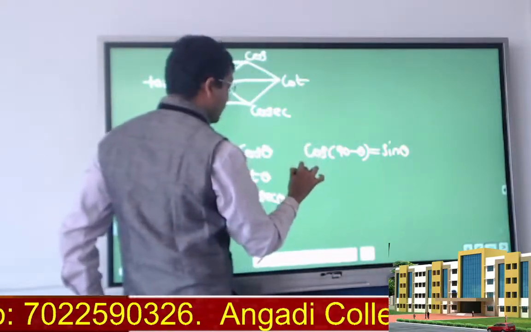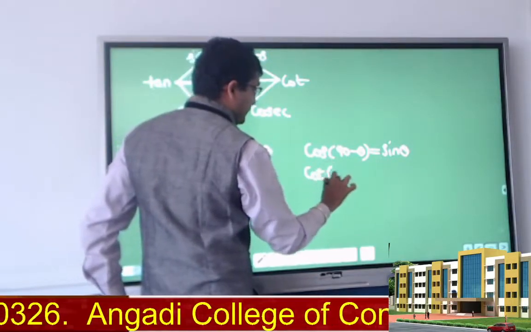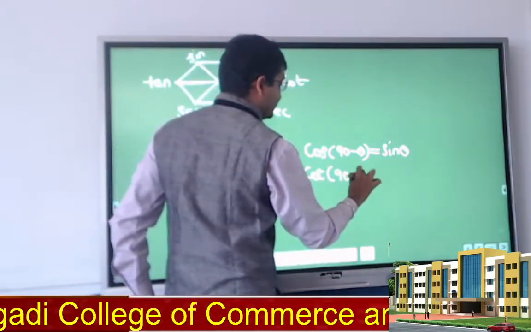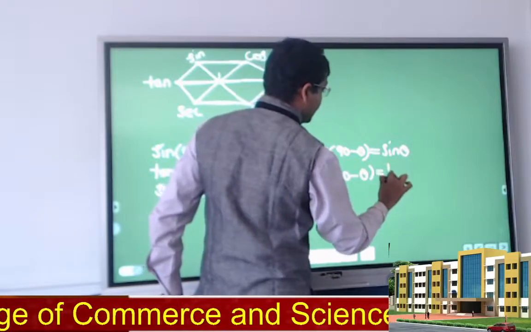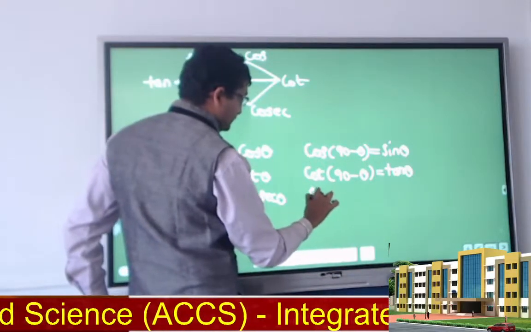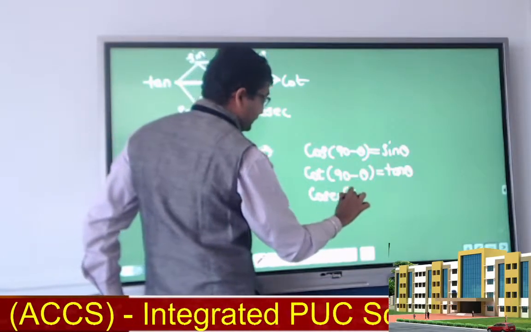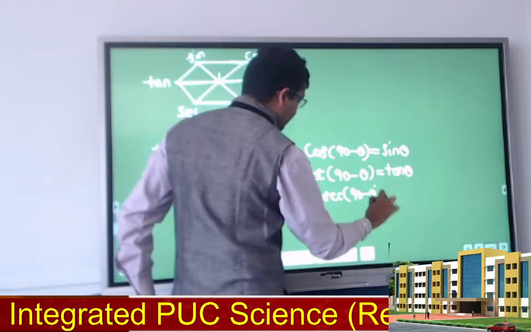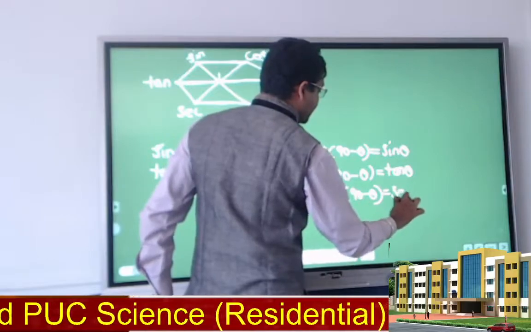Next, cot of 90 degree minus theta equals tan. Next, cosec of 90 degree minus theta equals sec.